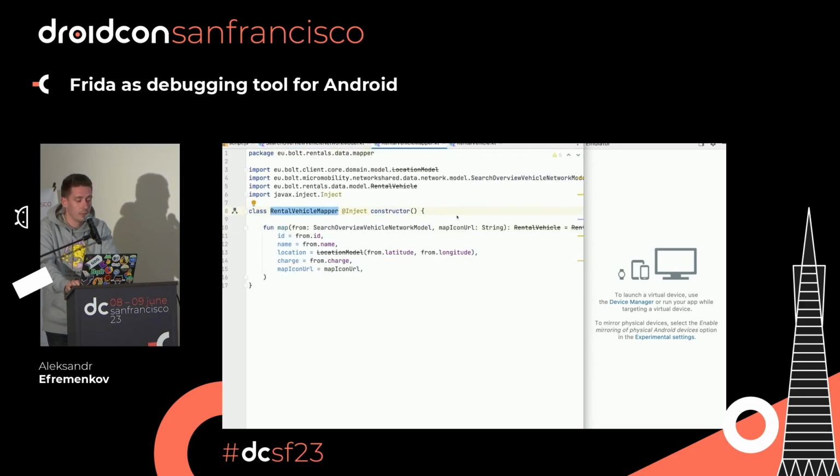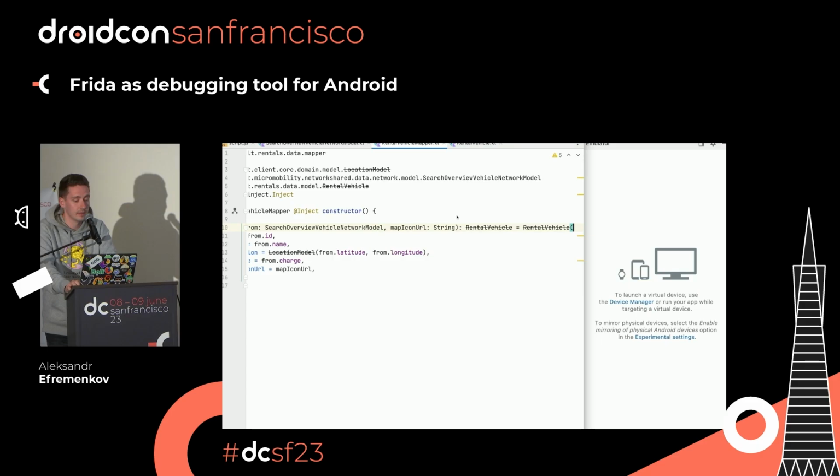And yeah, we do have a mapper. It's a typical mapper that is present in the majority of apps for transforming the network model to the domain-level model. And we will try to log from this convenient point. So that is the map method that we have, and we have an input parameter as a network model that I showed you before, and as output we have a rental vehicle.